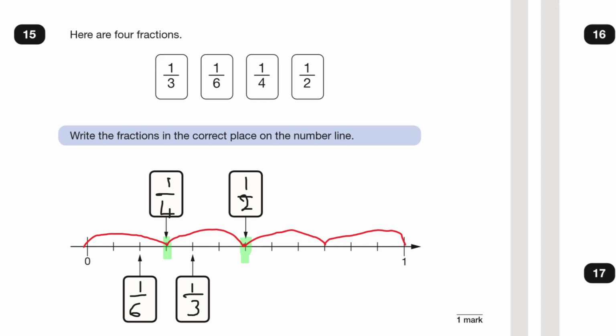And if we were thinking about it in halves, you can see that and that. That's not very neat, but there's two sections there, that's a half. And then you just have to think about where a sixth and a third would go. But the easiest way to do this is to think about if the numerator is the same, you can simply compare the denominator, and the biggest denominator is the smallest number.